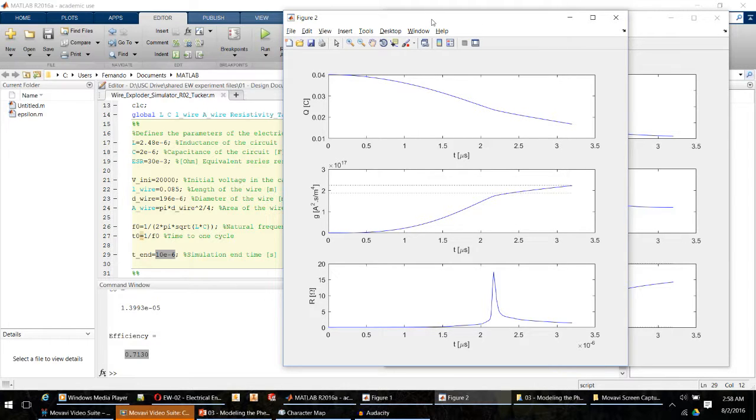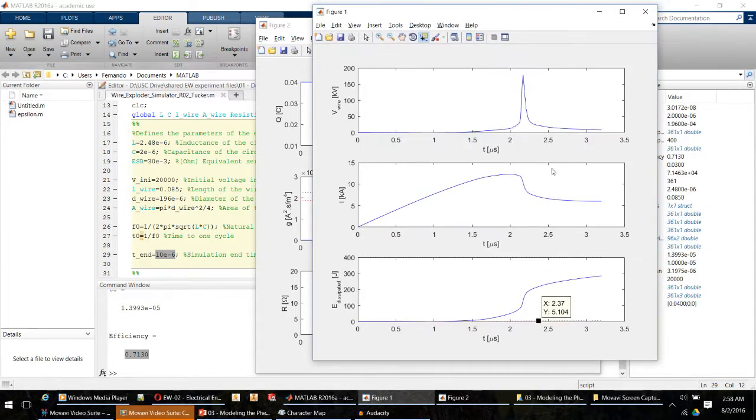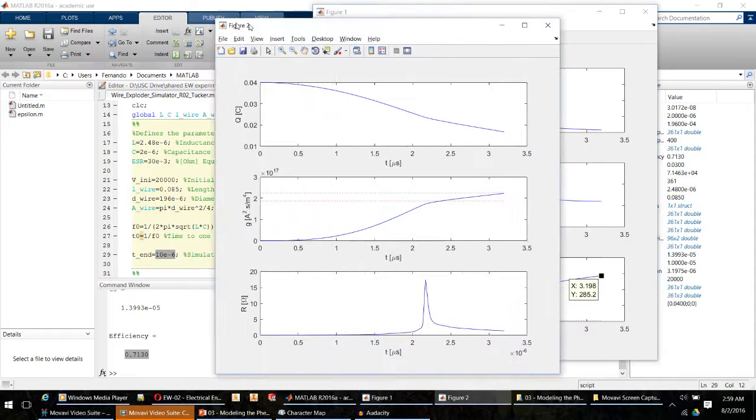Of course, not exactly 100%, because since there is some value to the ESR, we can see here that a very small, tiny amount of energy is actually being dissipated in this ESR. The red dotted curve here that you can barely see is the energy that has been dumped into the ESR, and it is on the order of 6 joules compared to the wire's 280 joules. So it's negligible.